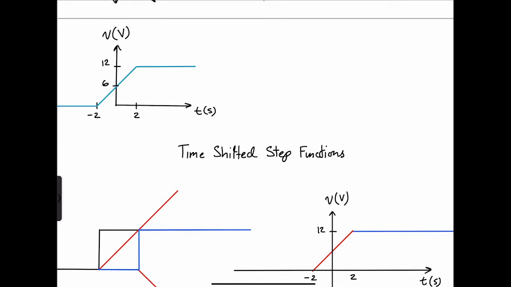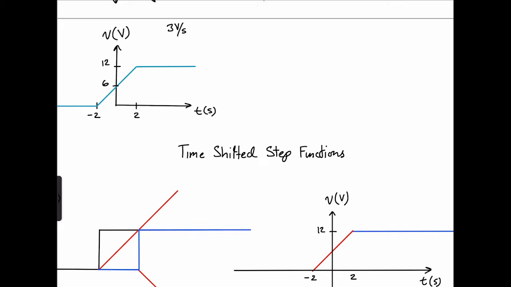So we can describe that. If we look here, we see that this goes up. So this is 2 seconds, and in 1 second we have 3 volts. So this is 3 volts per second, the slope. So this has a slope of 3 volts per second.